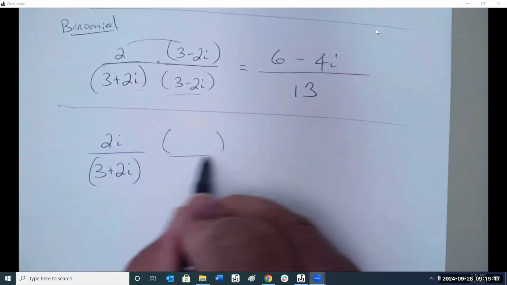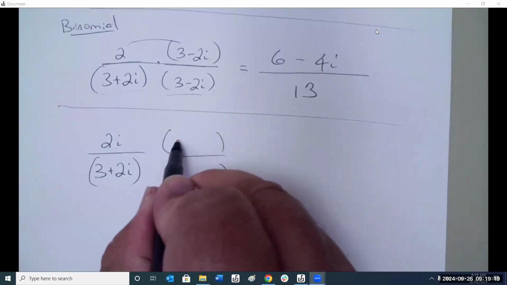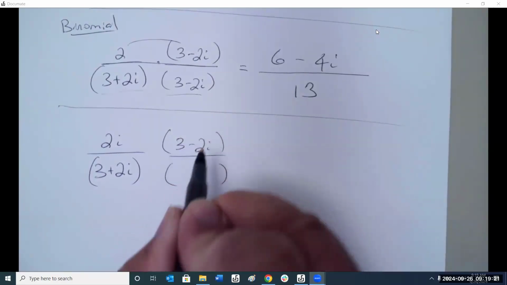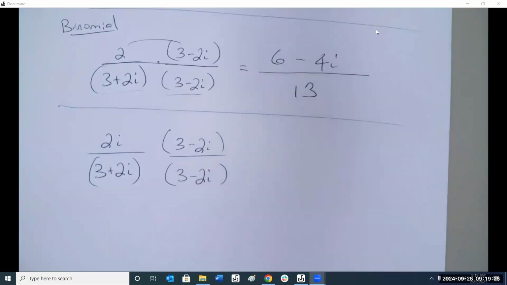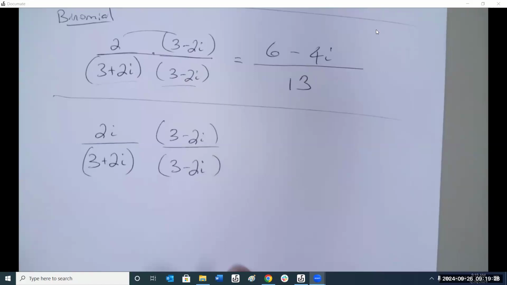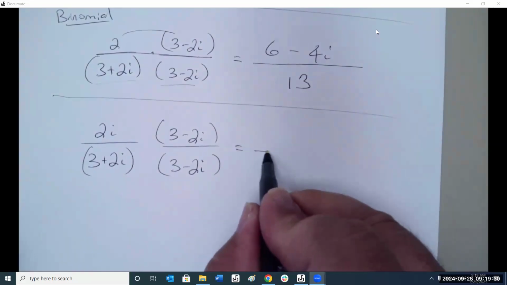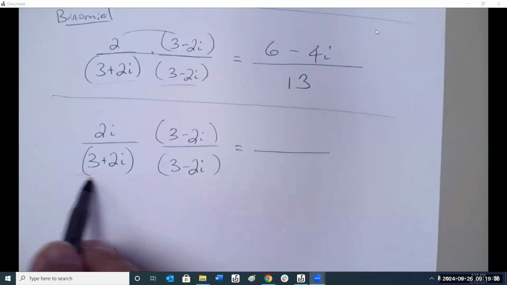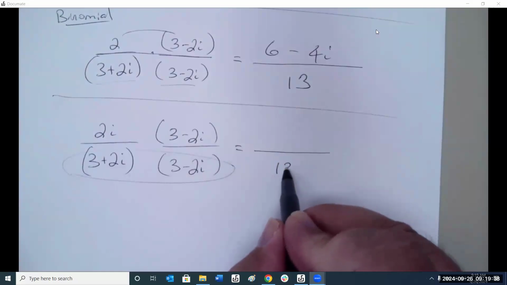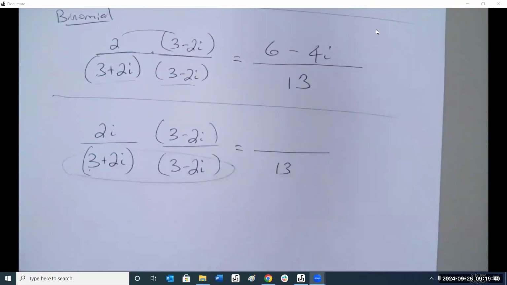Again, we can have an imaginary number on top. We still multiply by the conjugate of the bottom. So the bottom, we know is going to be 13, 3 squared plus 2 squared.